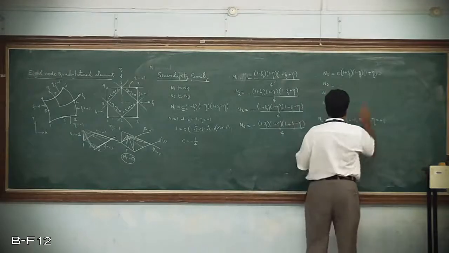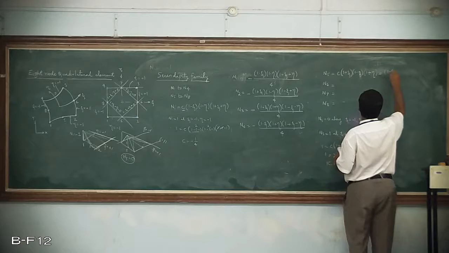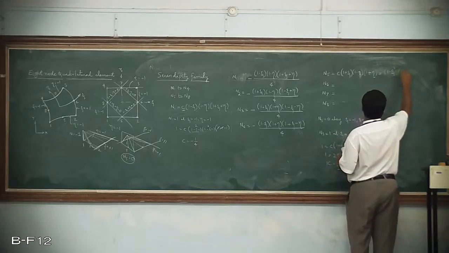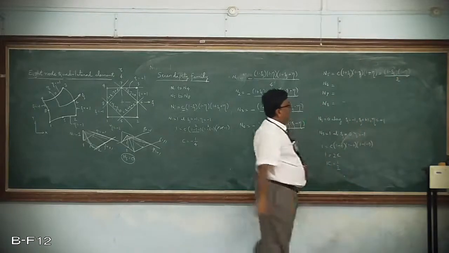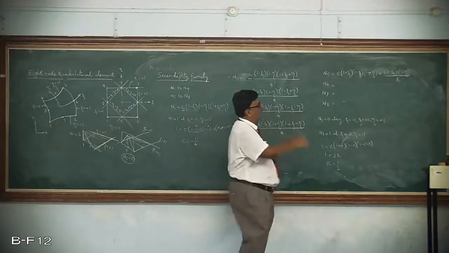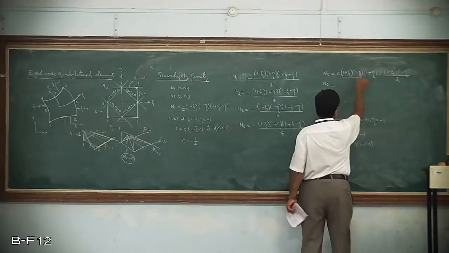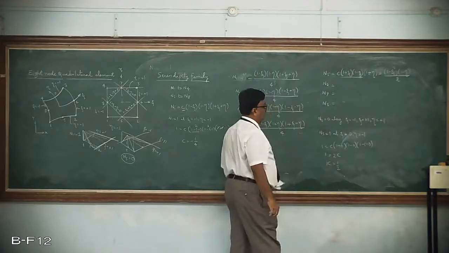Correct? So therefore if I multiply this I can write it as 1 minus zeta square into 1 minus eta upon 2. I can write this because a plus b into a minus b is a square minus b square. I can write it as 1 minus zeta square into 1 minus eta, and C has come half because of this.